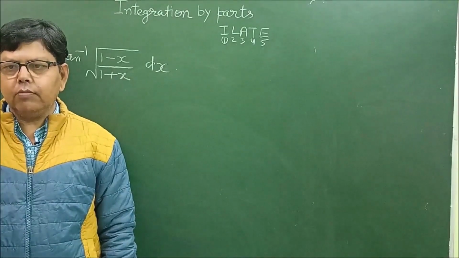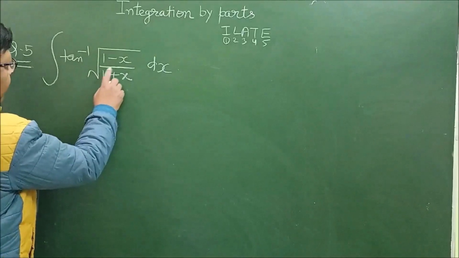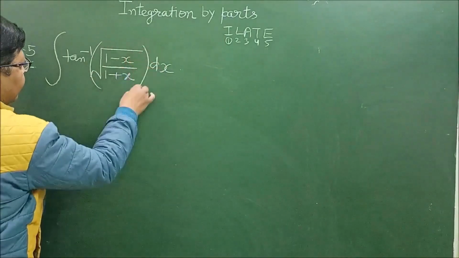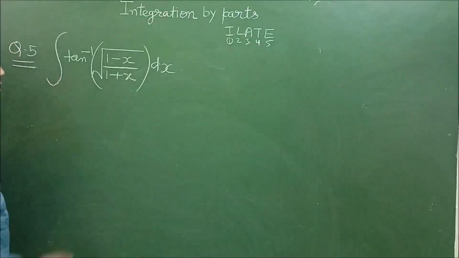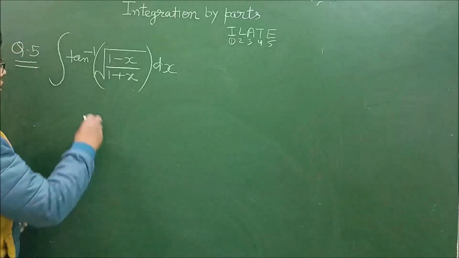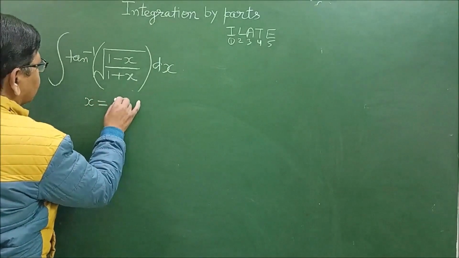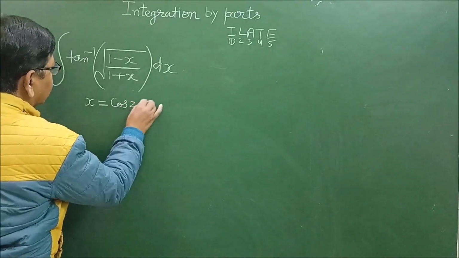Next question, question number 5. Find the integral of tan inverse root of 1 minus x upon 1 plus x dx. Whenever we have a function in this form, root of 1 minus x over 1 plus x, the substitution is x is equal to cos theta or cos 2 theta.